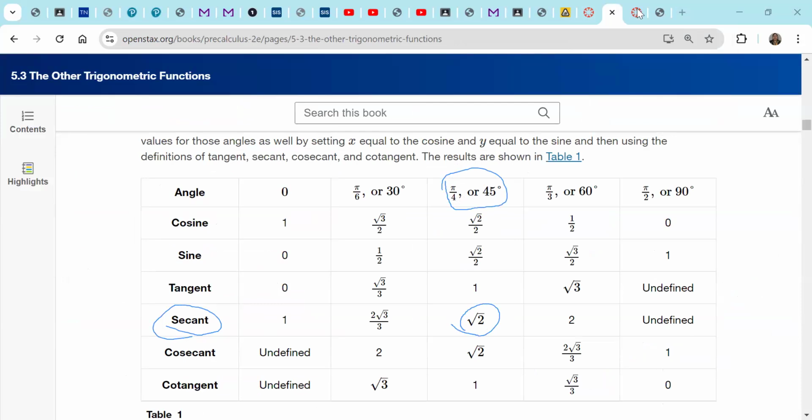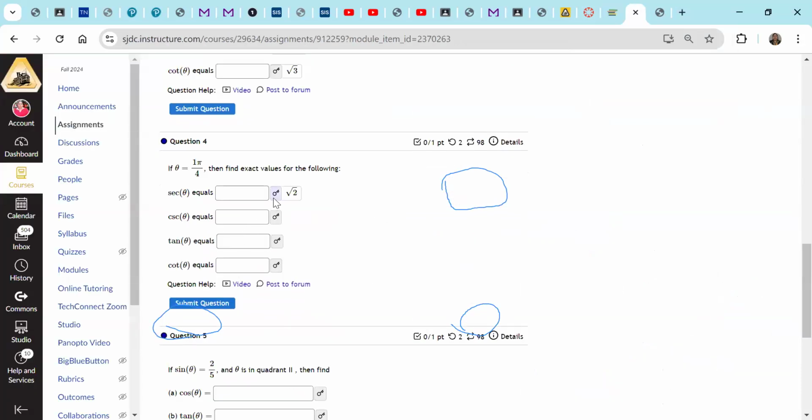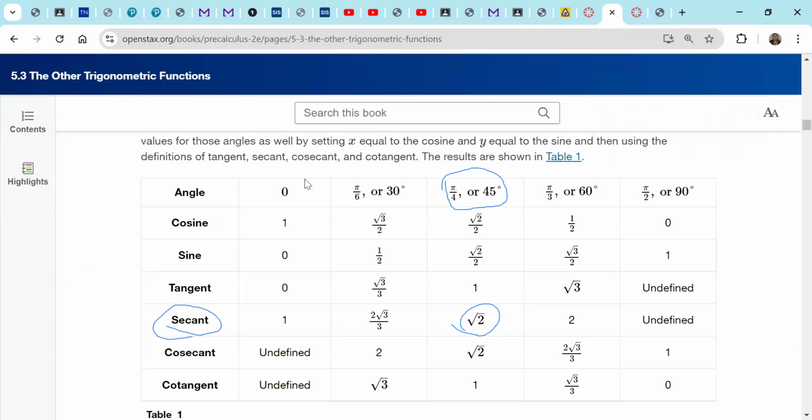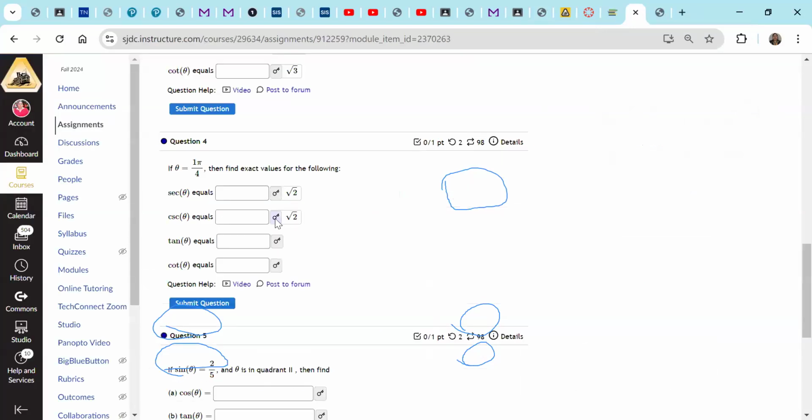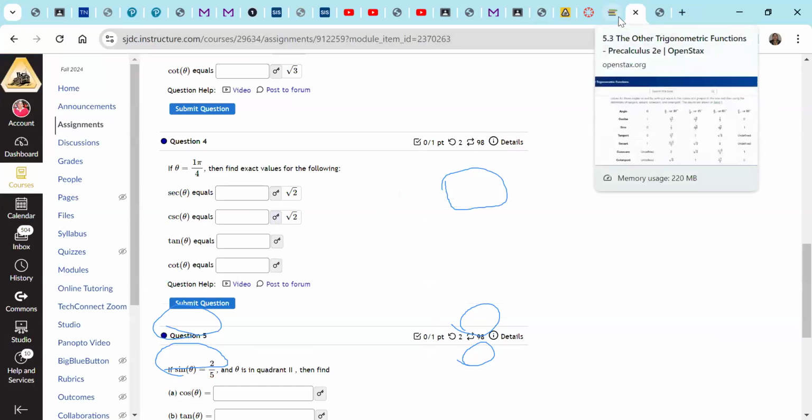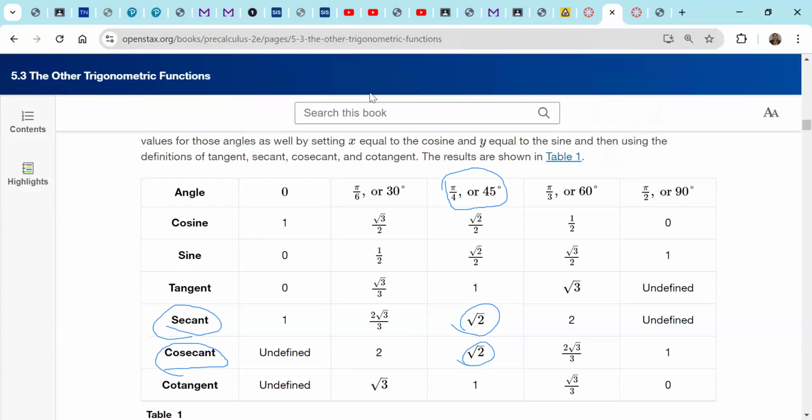That's what will go into your first answer right here. And then cosecant is right here, 45 degrees, square root 2. So you go back and write that cosecant is square root 2. Then tangent, 45 degrees, is right here, it's 1, and you go fill that in there.